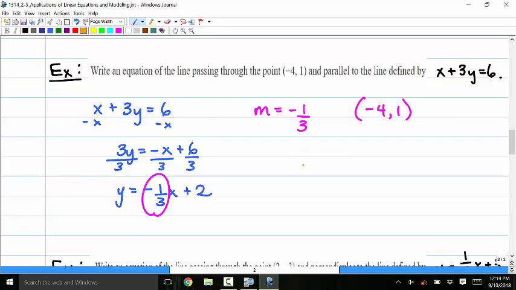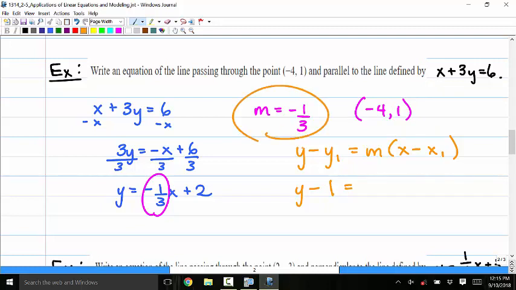I'm going to write down y - y1 = m(x - x1). y - 1 = m, negative 1/3 times x minus x1, which is -4, so x + 4.